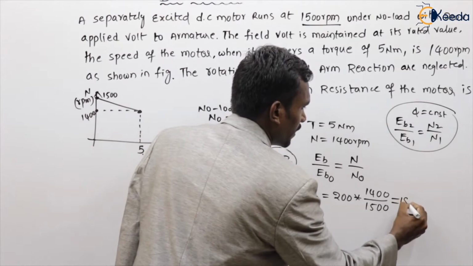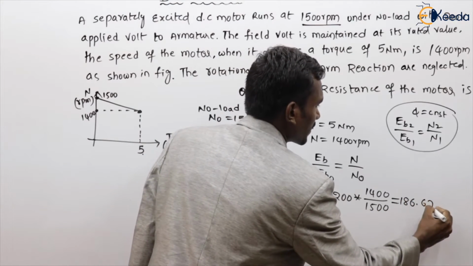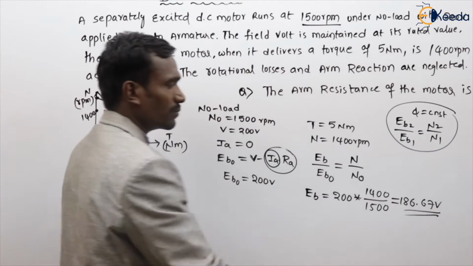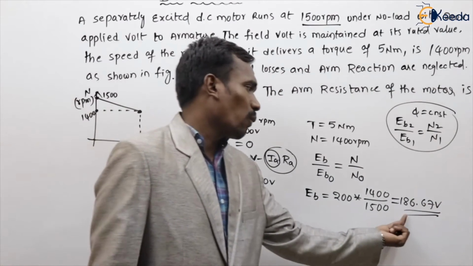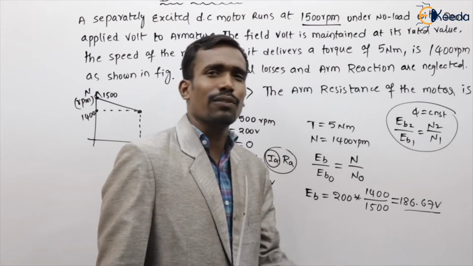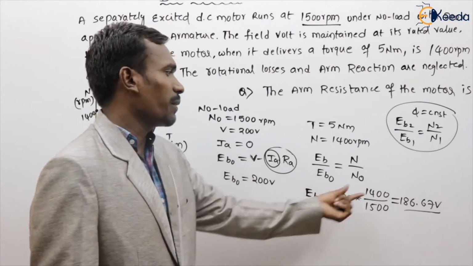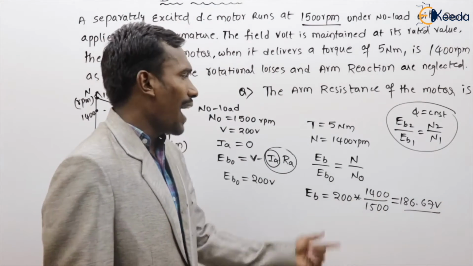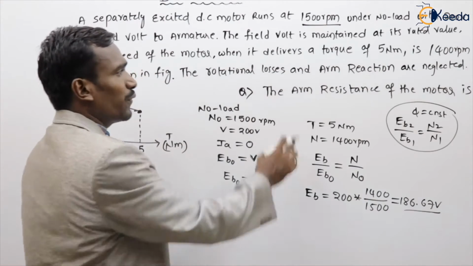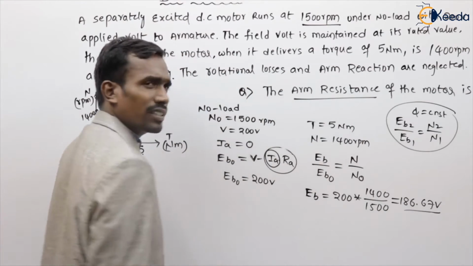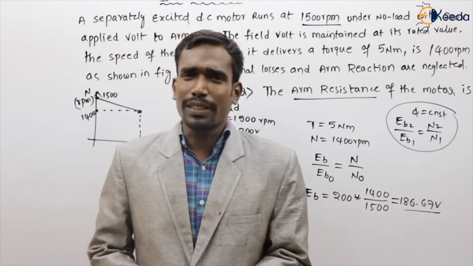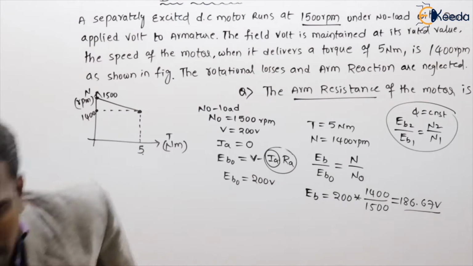Then you can get 186.67 volts. This is the Eb value I get. Then I have to find out the armature resistance, right? How can we find out the armature resistance now? Let's see here.